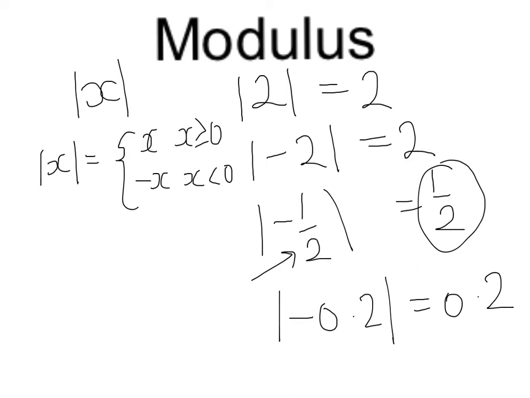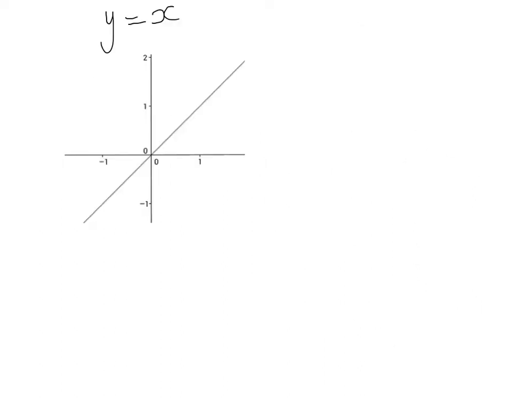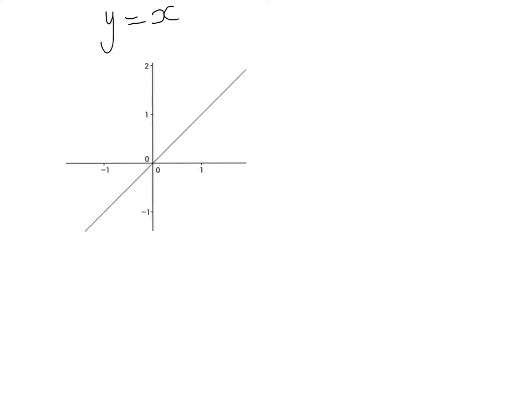So we're going to look at the graph of this. So here you've got the graph of y equals x. But what if I wanted the graph of y equals the modulus of x? Now because y is the modulus of x that we're interested in, whatever value of x we have, this value is always going to be positive.